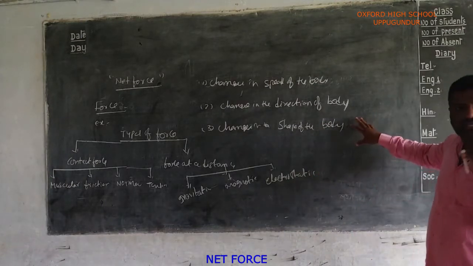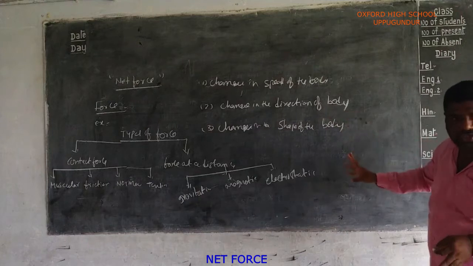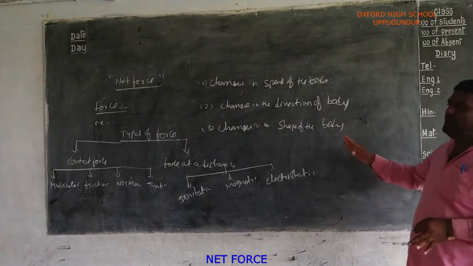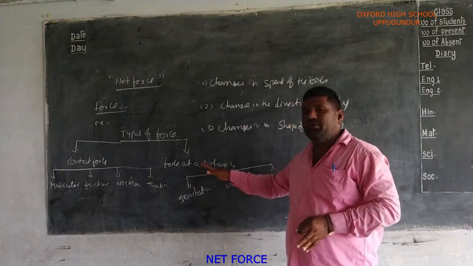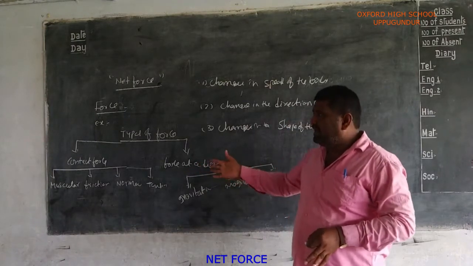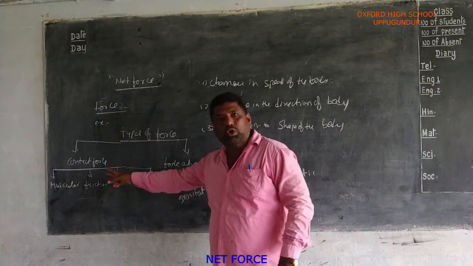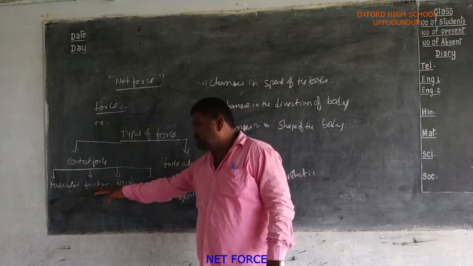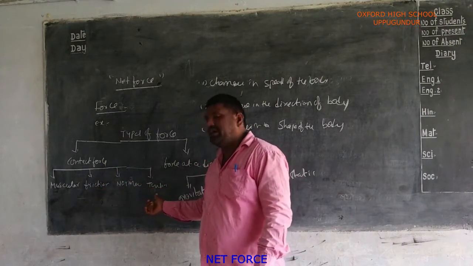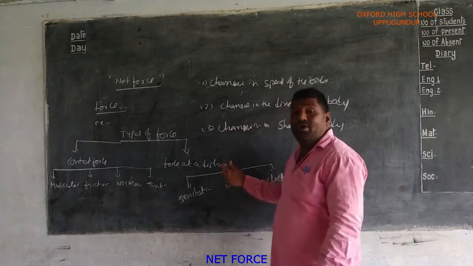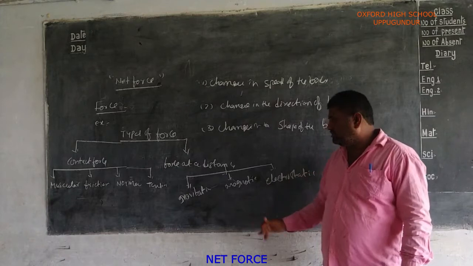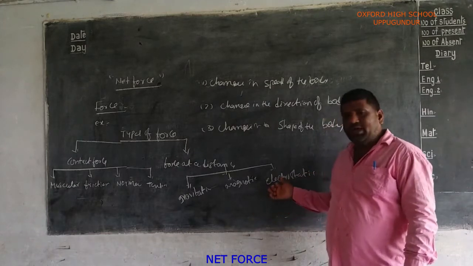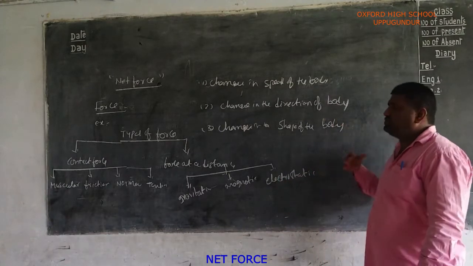Last class we discussed the definition of force, examples, and types of forces. There are two types: contact force and force at a distance. Contact force is divided into four types: muscular force, frictional force, normal force, and tension. Force at a distance is divided into three categories: gravitational force, magnetic force, and electrostatic force.